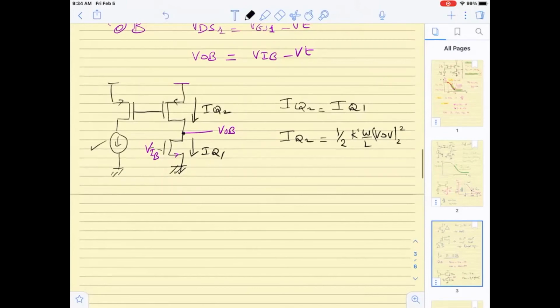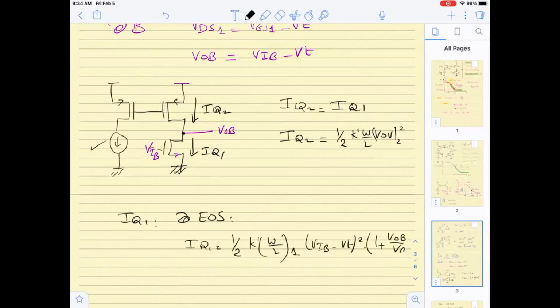And as far as transistor Q1, if it is at edge of SAT, then we are going to say that the current IQ1 is equal to half K prime W by L1 times VIB minus VT square times 1 plus VOB over VA. Okay, let us say that this comes out to be equal to I reference. Okay, then I can equate that this is equal to I reference. Can I solve for VIB and VOB now?